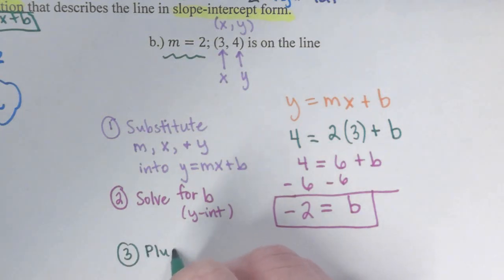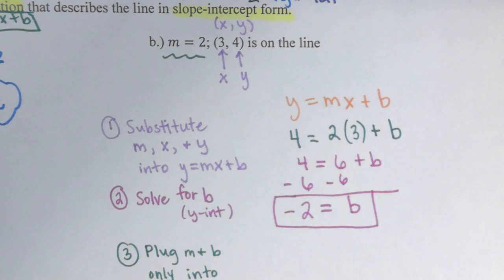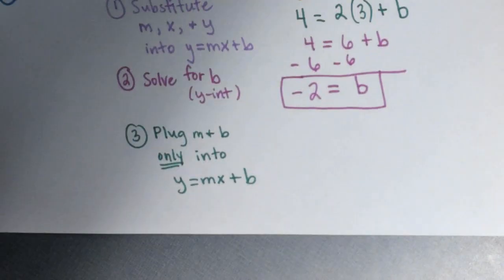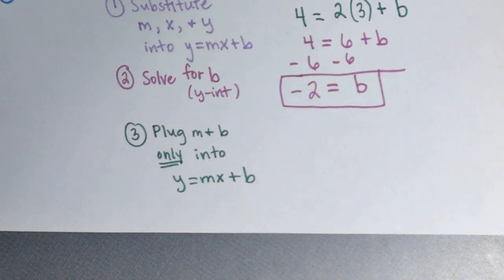Okay, so you're going to plug m and b only into y equals mx plus b. Okay, so you are going to plug m and b only into y equals mx plus b.